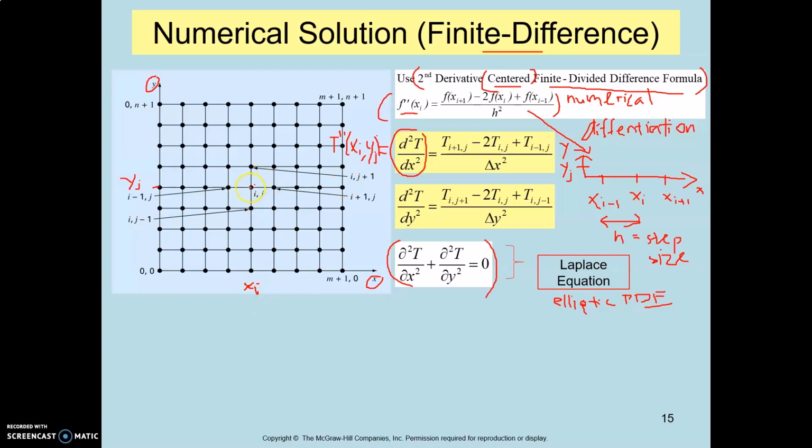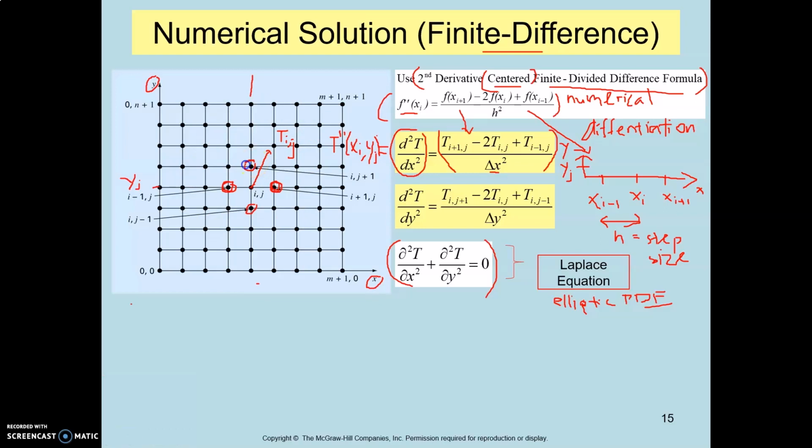So in simple terms, we can say this point is equal to Tij. So this represents the temperature in this 2D.